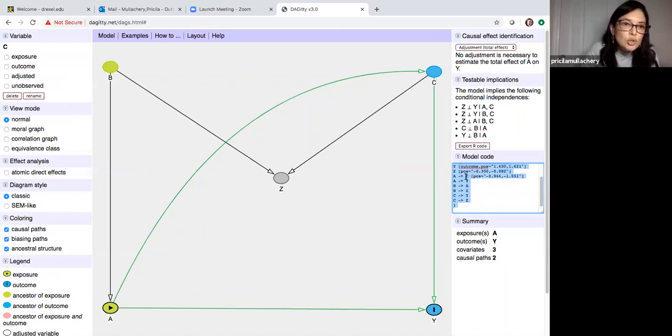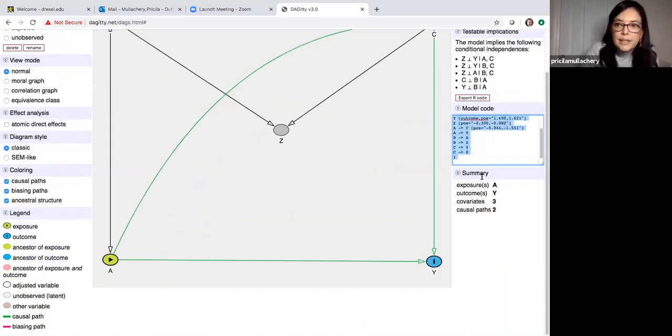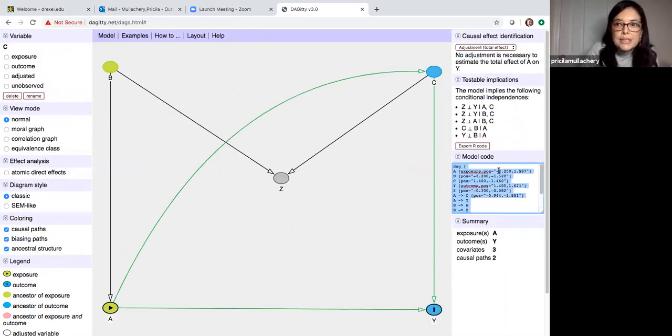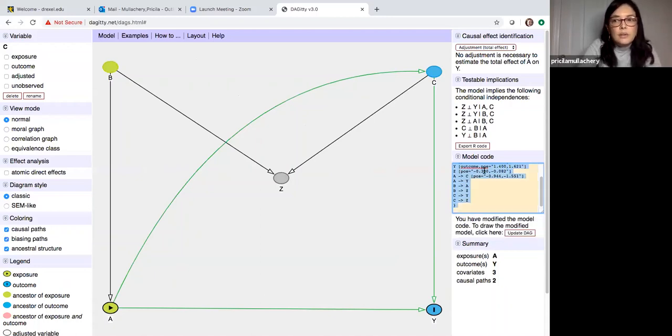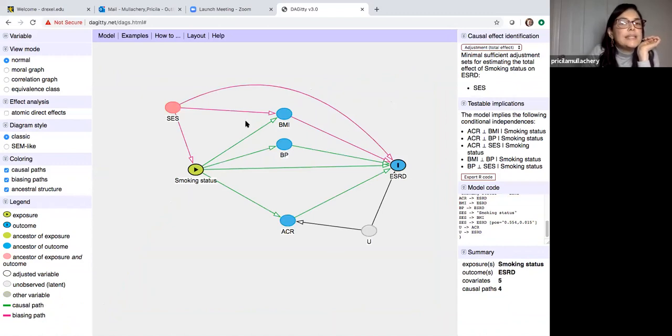I have this code saved before for another DAG, and I'm going to paste it here. So I pasted it, this is my DAG, and I click update DAG, and it shows a simplified version of their example, looking at smoking and end-stage renal disease. I have some of the mediators here, BMI, blood pressure, and the albumin creatinine ratio.